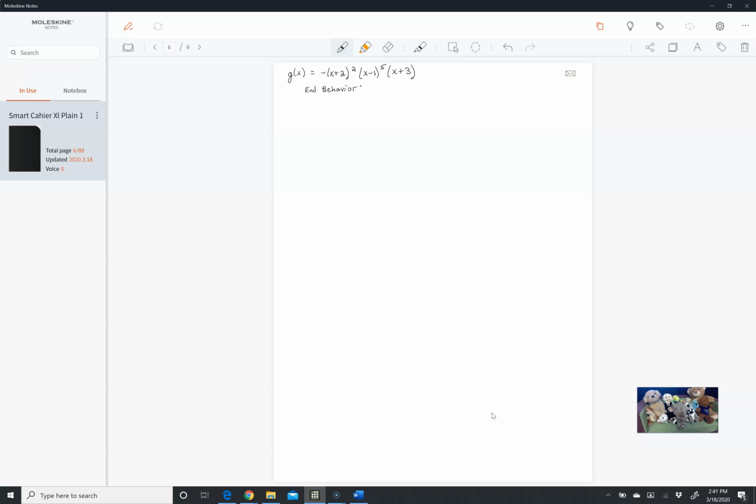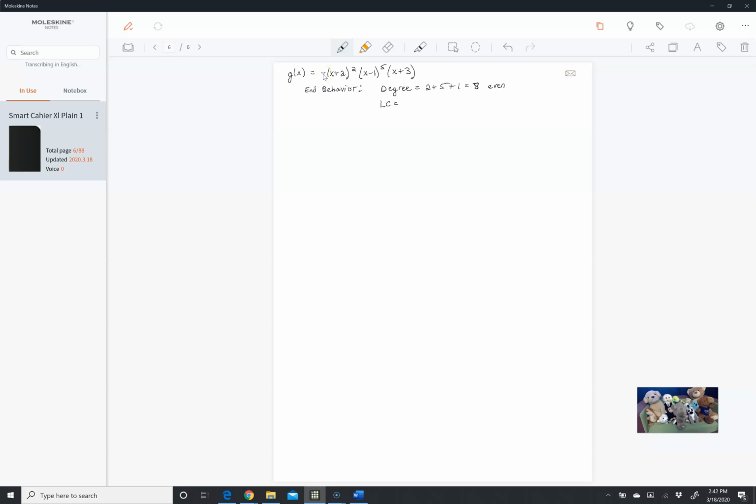For end behavior, the first thing that we have to do is figure out the degree. The degree we get by adding the exponents because it's in factored form. So 2 plus 5 plus 1 gives us 8. And what we care about is the fact that this has an even degree. The leading coefficient, there is no number here, but there is a negative.